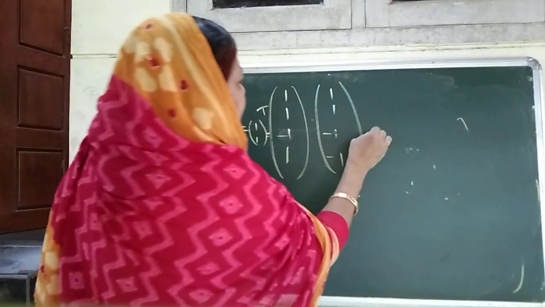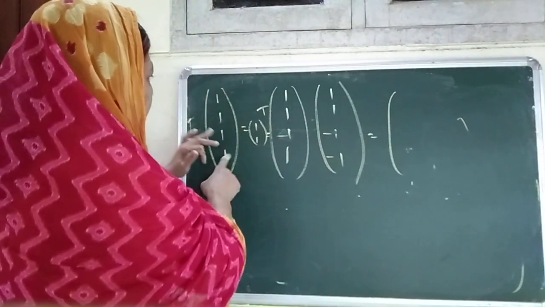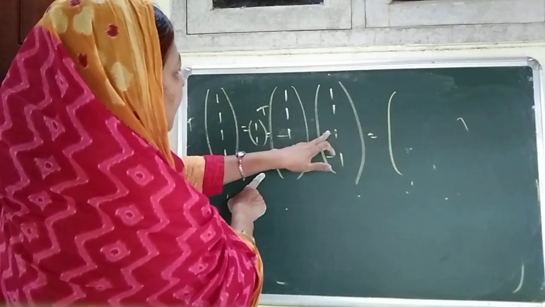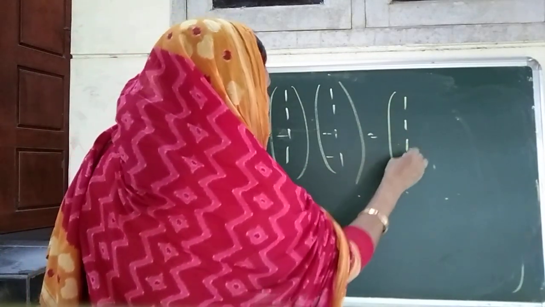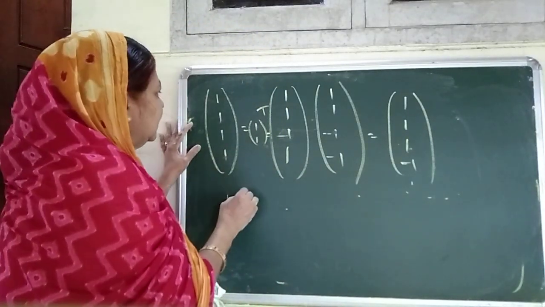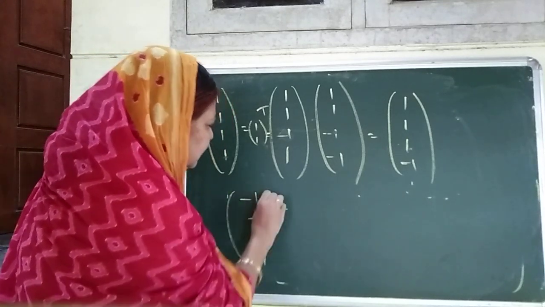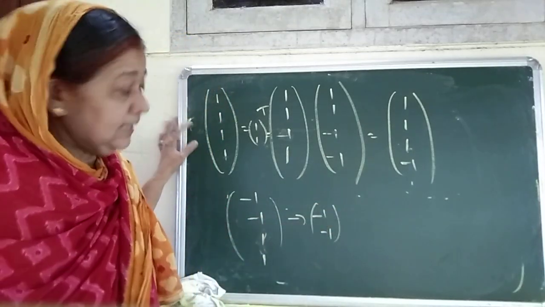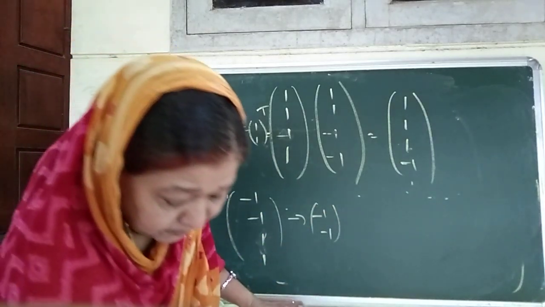So there are 4 points that map to 1 1. Similarly, minus 1 minus 1 0 0 and the like: 4 points map to minus 1 minus 1. Thus this 4 cube has 16 points, but its image has only 4 points, 4 vertices.